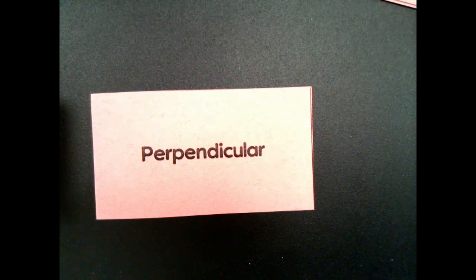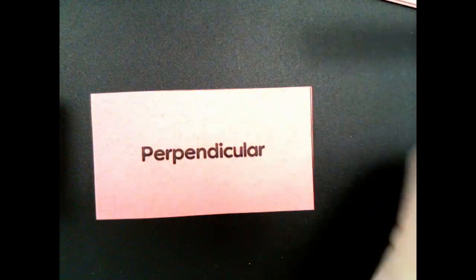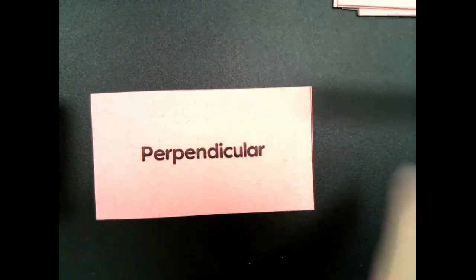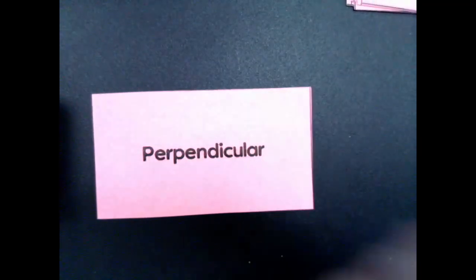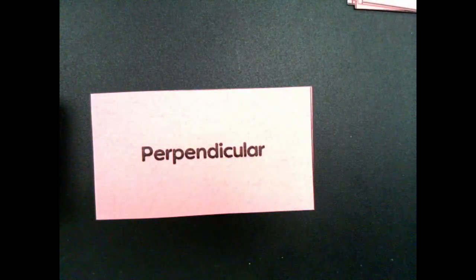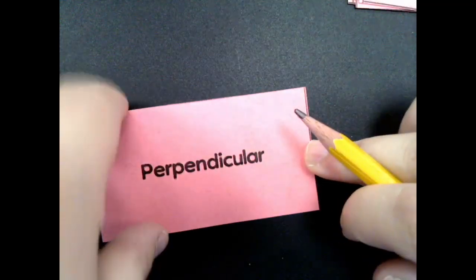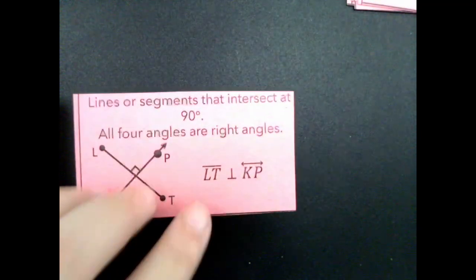When we talk about perpendicular lines, we also usually talk about parallel lines. Parallel means two lines next to each other that never actually touch. Perpendicular means that they intersect, but specifically at 90 degrees.